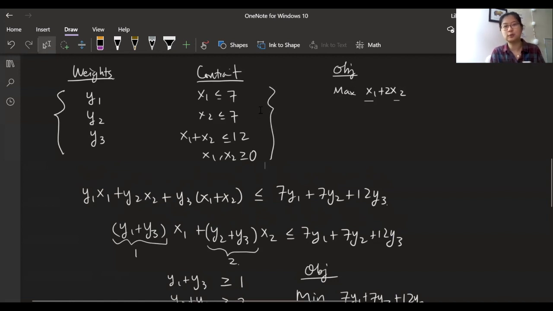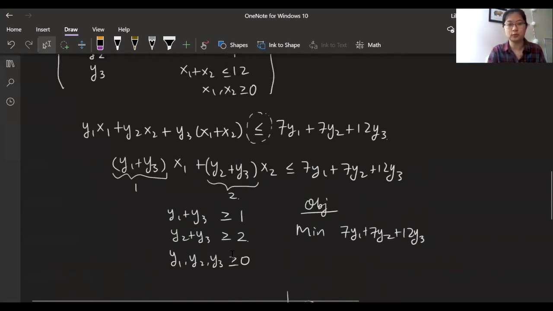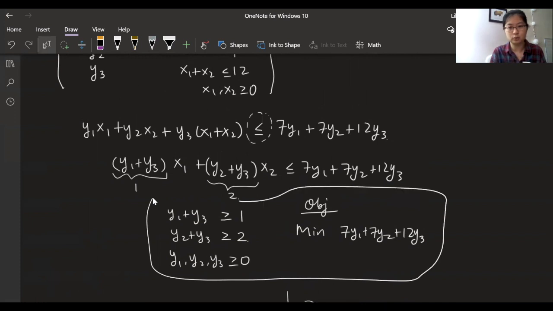So you don't want to multiply inequalities with some negative number, because we've assumed that we can write this smaller or equal sign without having nightmares. So to ensure that we don't have nightmares going forward, all the y's have to be bigger or equal to 0. Now I'm going to box this up, and this will end up being our dual linear program. This is the dual LP.